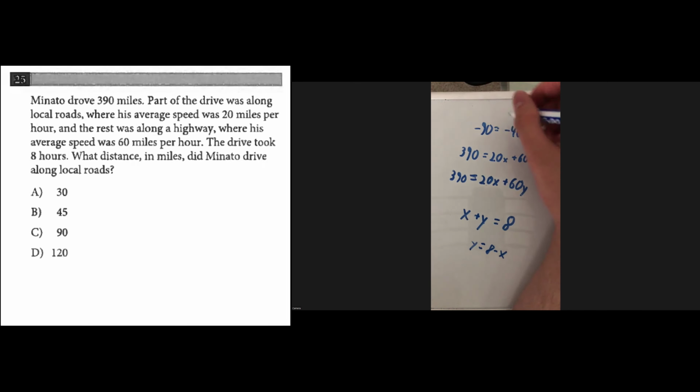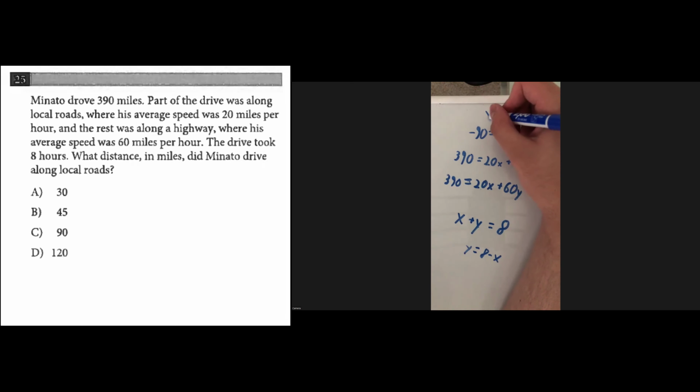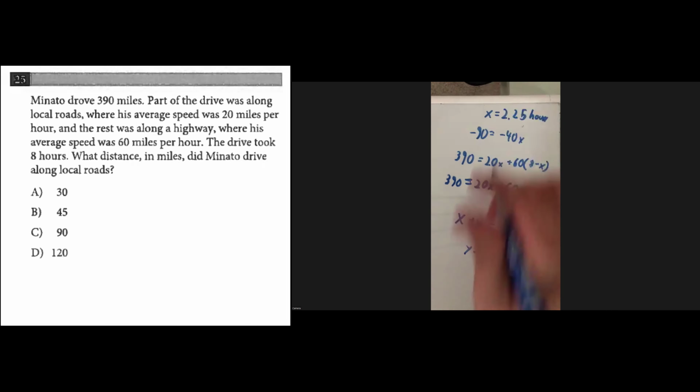and x is equal to 2.25 hours. And so the question asks, what distance in miles did he drive along local roads?